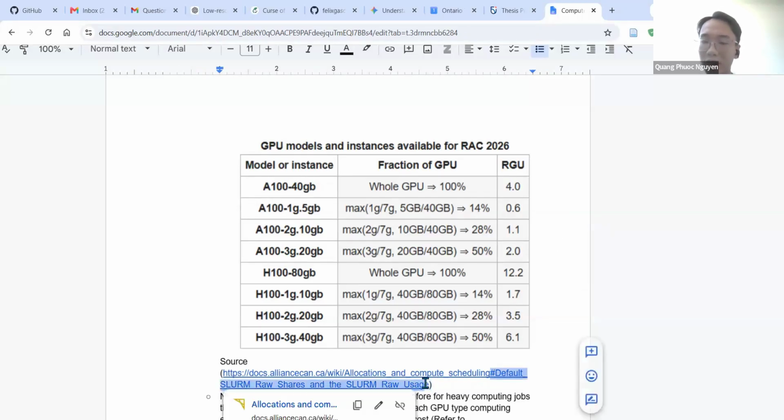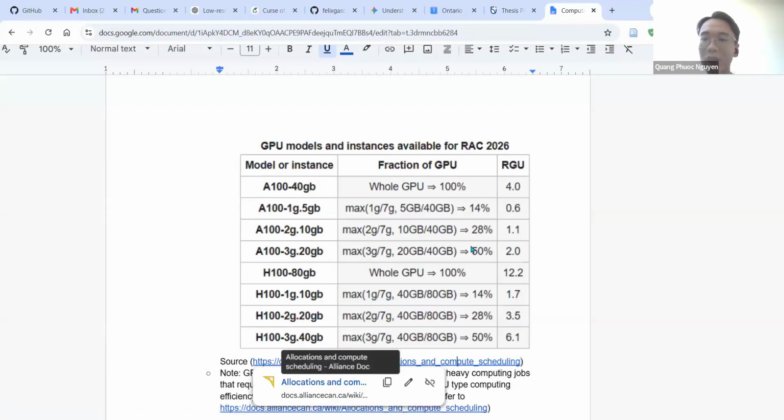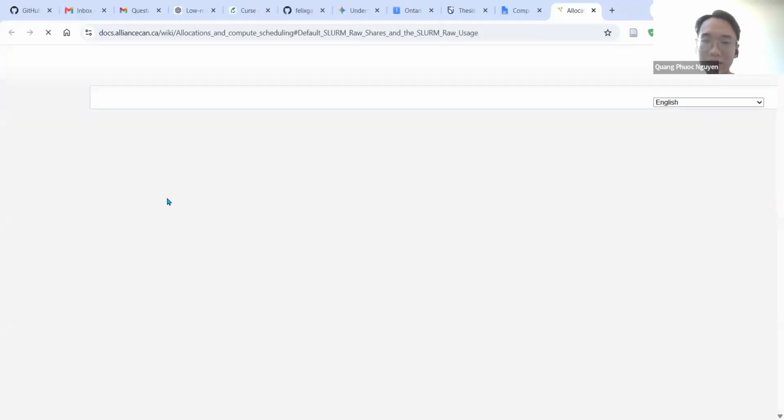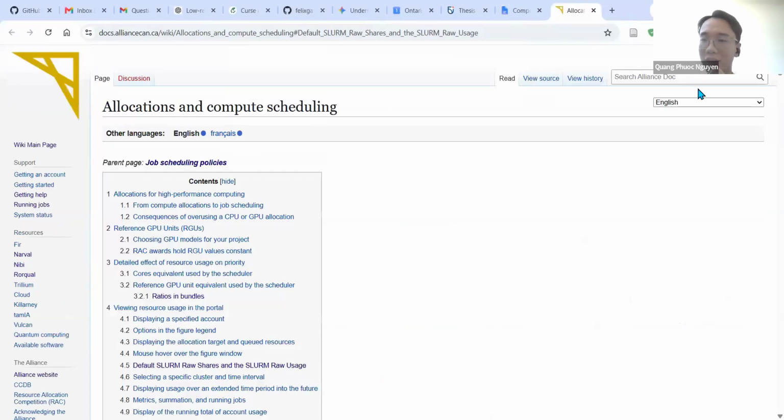And for further detail, you can refer to each computing node's information on the Cadre Compute technical wiki, and it should show you whether the current cluster supports GPU instances or not. So for example, I will access the Compute Cadre technical wiki and search for the Rorqual cluster.